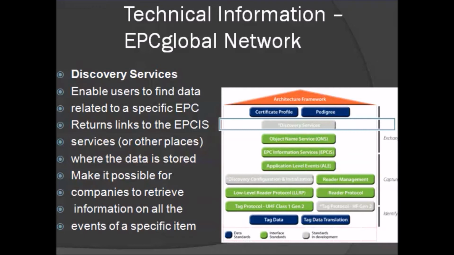The discovery service also returns the links, web links. We already described that the RFID unique ID number can be translated as the URL, web links. So the discovery service also returns the links to the EPCIS service or other places where the data is stored, so that the requester or the customer can query this EPC service.